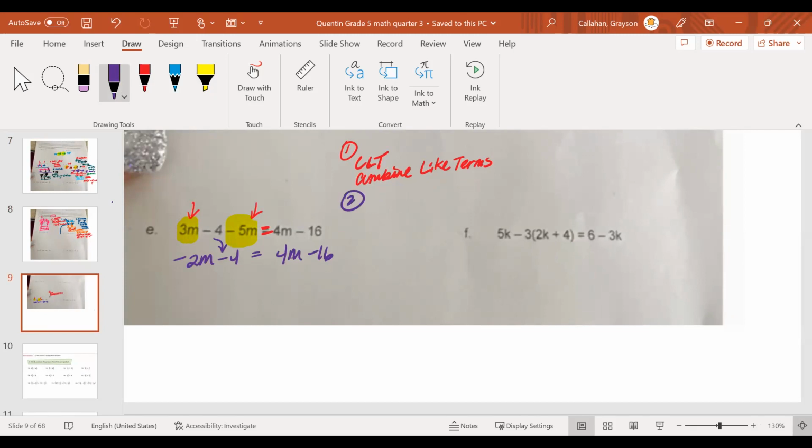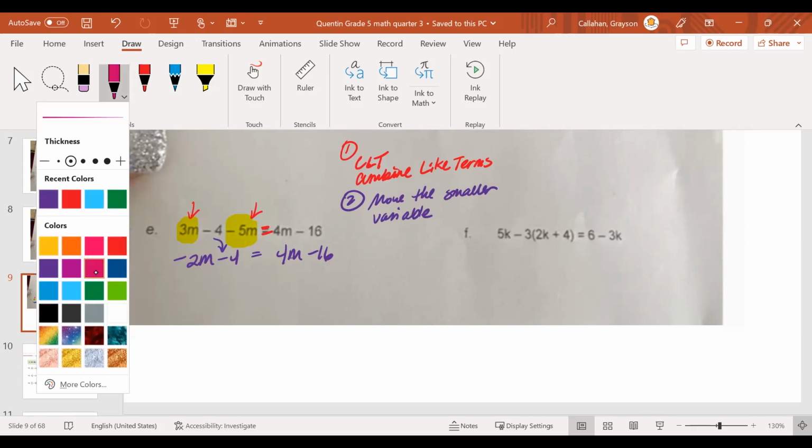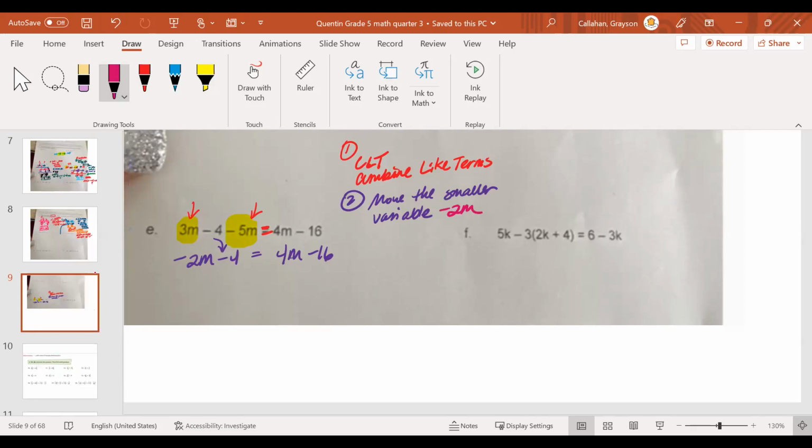Step 2, what do you do? Which one's a smaller variable? Nope. Negative 2. What's the opposite of a negative 2M? Right here. Negative 2M.